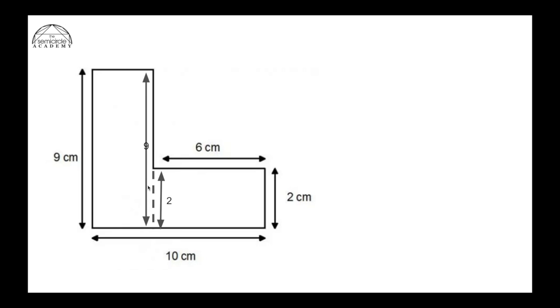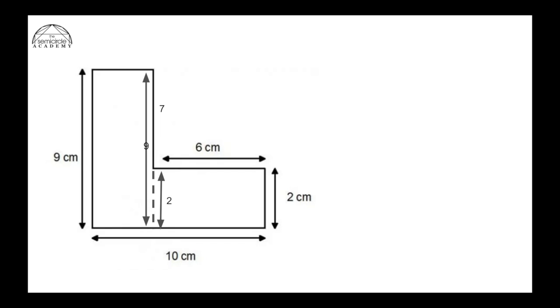So if this is 9 and this is 2, then we could find the remaining length, which is 9 minus 2, 7. So you could see by splitting it up into simpler shapes and using a little bit of logic, we could find what the missing sides are, right?